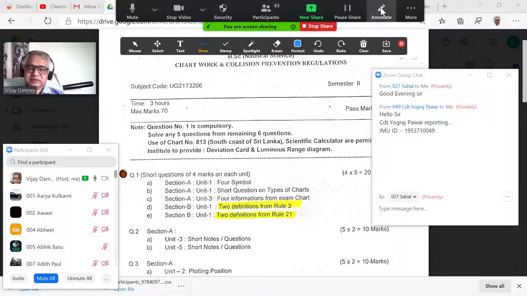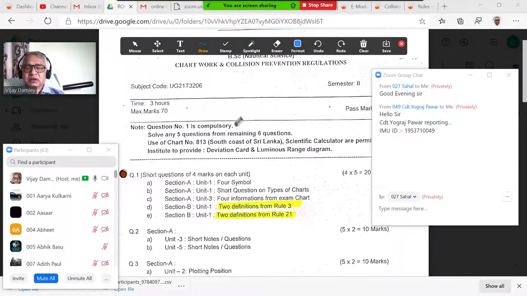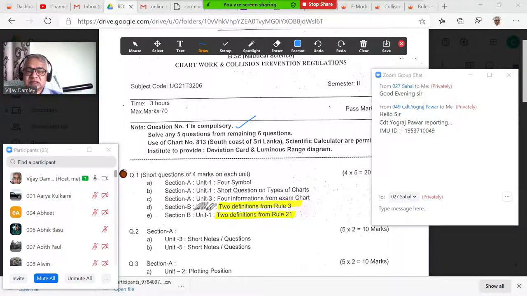Anyway, so number 1 is compulsory. What it contains: there are 5 short questions of 4 marks each. Out of 5, 2 are coming from ROR. That is, D will be 2 definitions from rule number 3. That means each definition will be 2 marks.